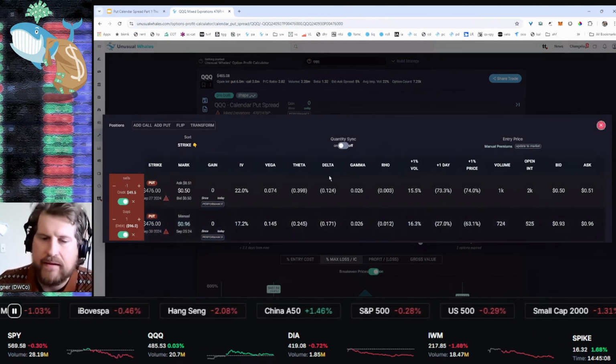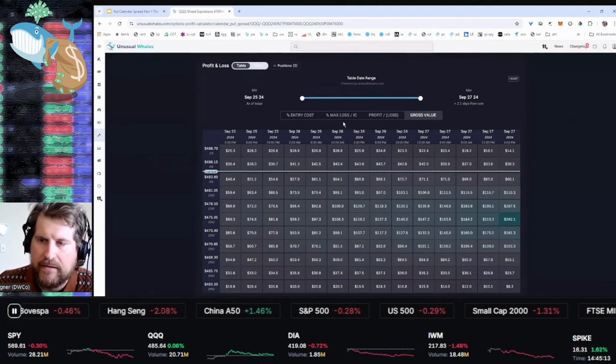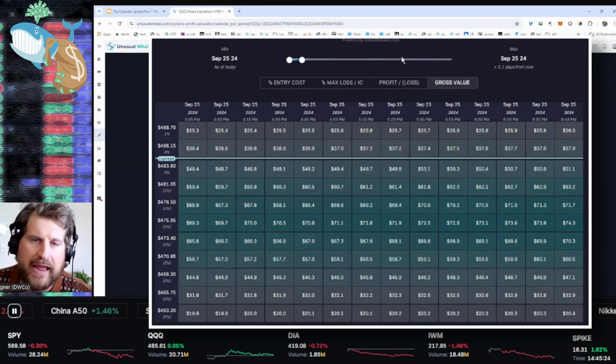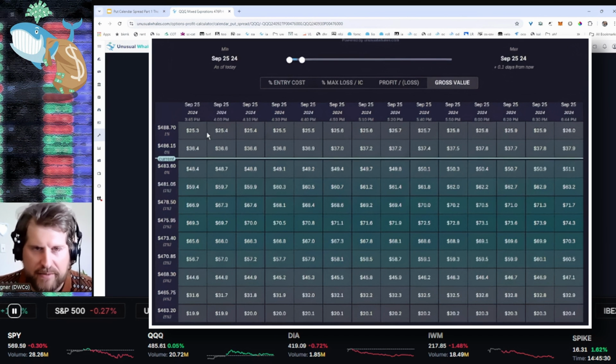And then what I want to put on here is the table. The option profit calculator here is showing gross value. Maybe you recall, maybe not, but when I assembled this, I assumed you had to sell at the bid and buy at the ask.